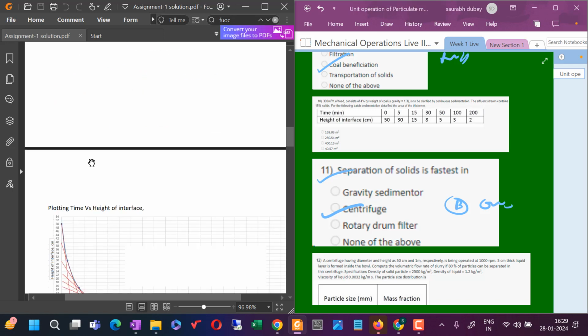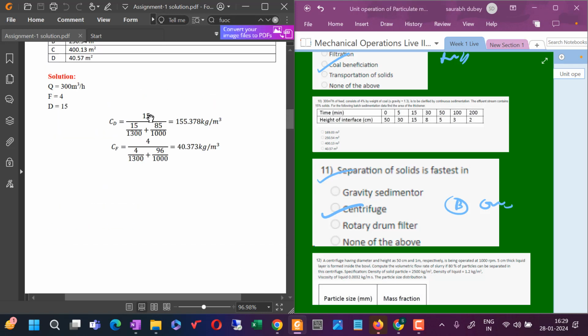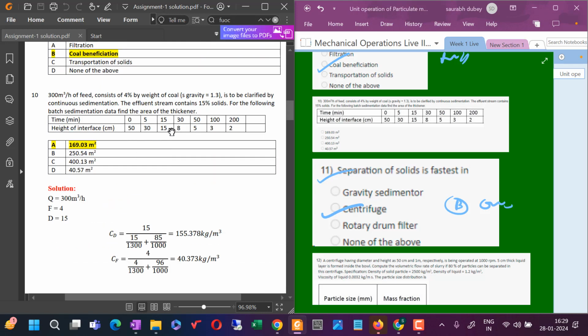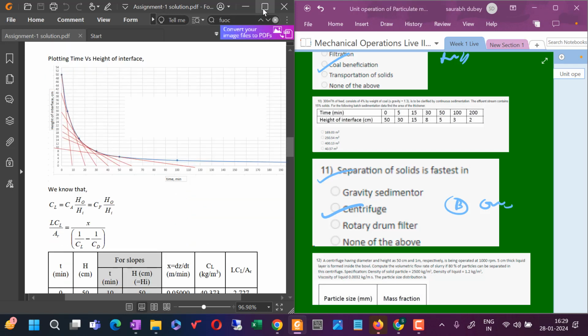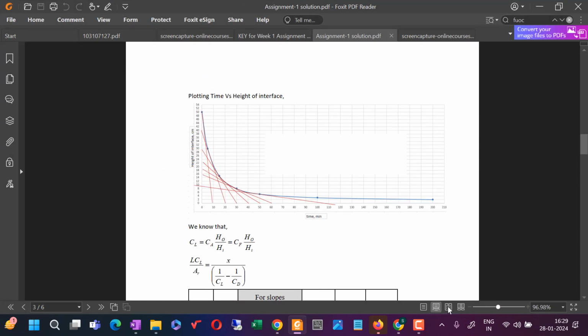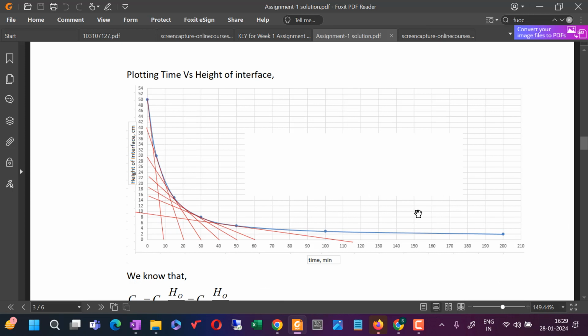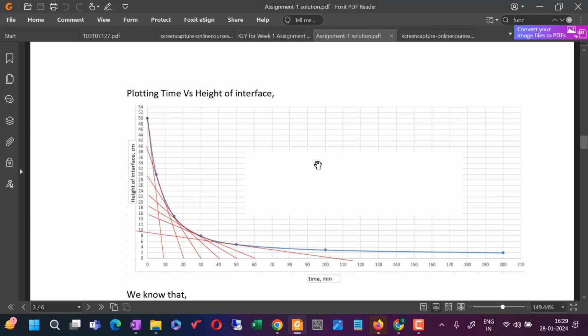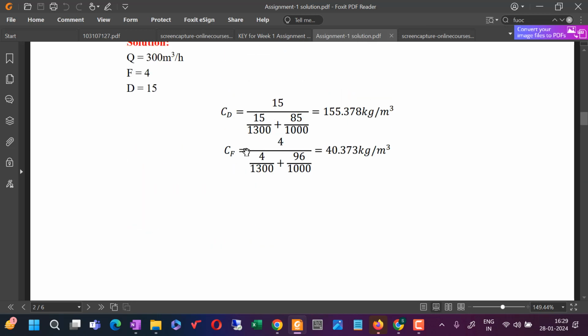When you plot the height of the interface versus the time, you will get this curve. Height versus time is this curve. From this height versus time curve, it is clear. You got CD, you got CF value.